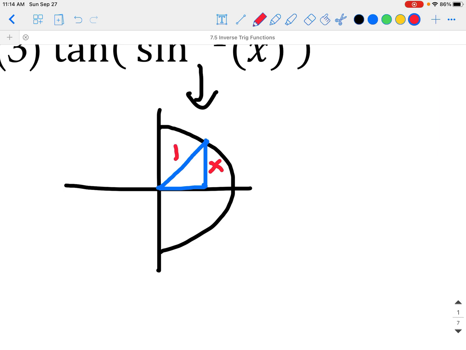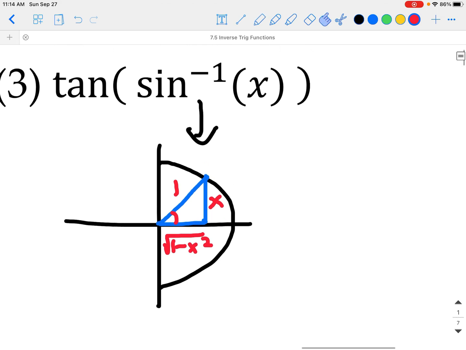We know that the hypotenuse is 1, and our angle measure is here. Then the side length adjacent, we can use the Pythagorean theorem to derive, is going to be the square root of 1 minus x squared.